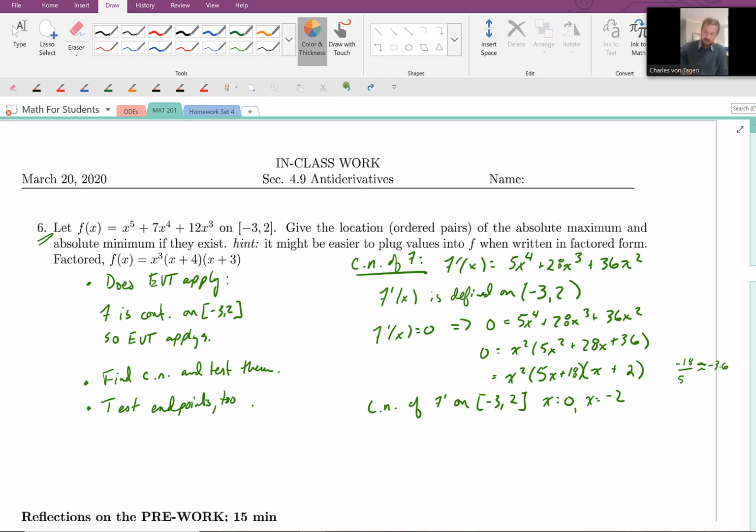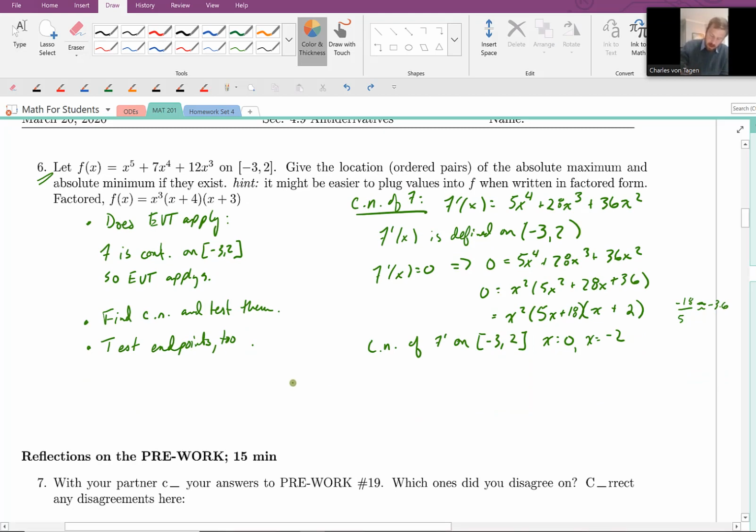Now I'm ready to answer the question. We're going to plug in 0 into the original function, and we're going to plug in -2 into the original function. Now why am I plugging in both those numbers? Because they were critical numbers of f on the interval from -3 to 2.